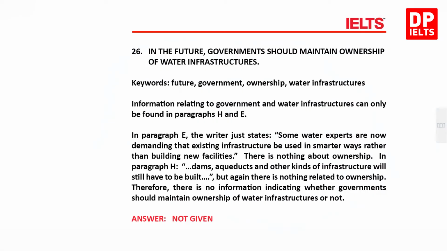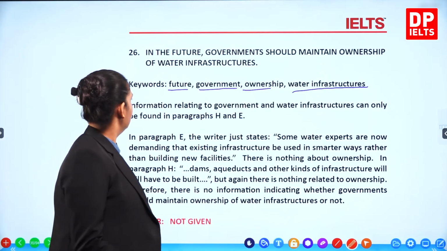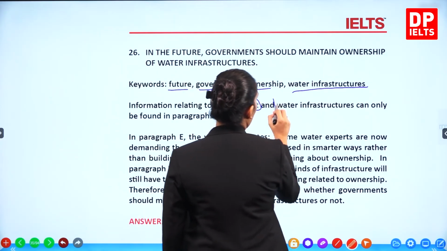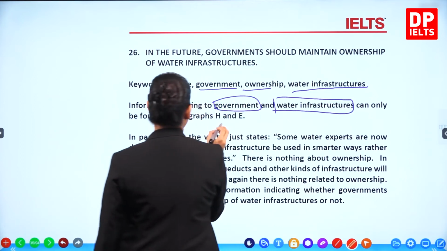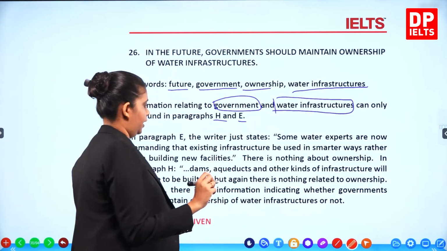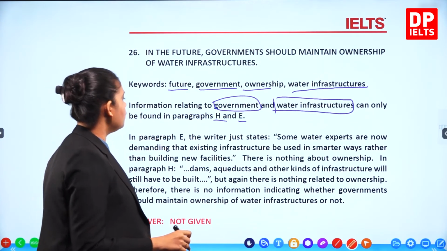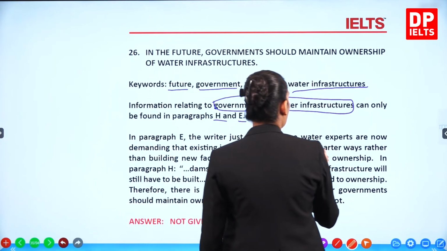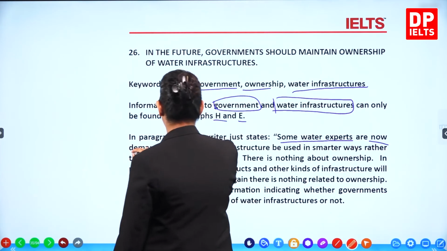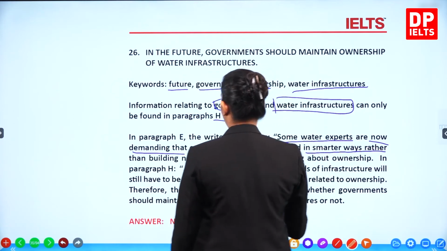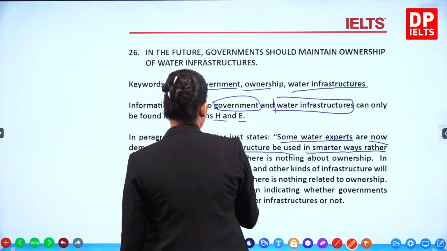Now, future, government ownership, water infrastructures should be your keywords. Information relating to government and water infrastructure can only be found in paras H and E, right? So, I go to para E first. The writer just states some water experts are now demanding that existing infrastructure be used in smarter ways rather than building new facilities.